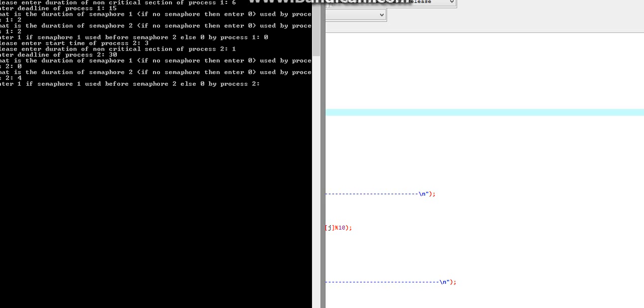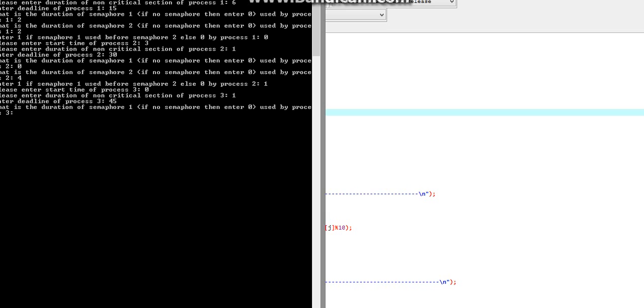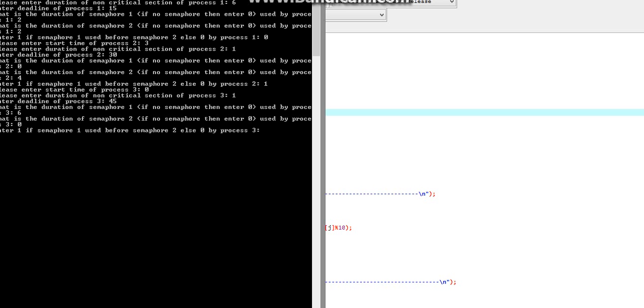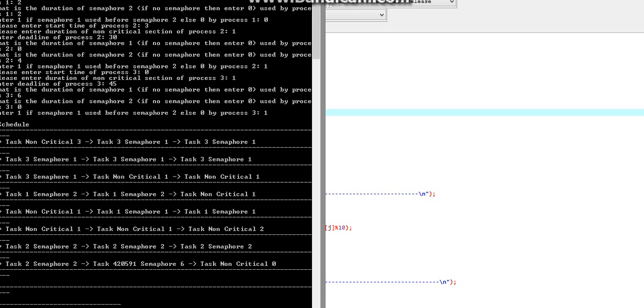Semaphore 1 is 1. For process 3, let's say 0, enter the duration of the critical section. For example, let's say the deadline of process 3 is 45, and then let's say 6, 0, 1. So this is the schedule, in which firstly the non-critical part of process 3 is assigned the semaphore.